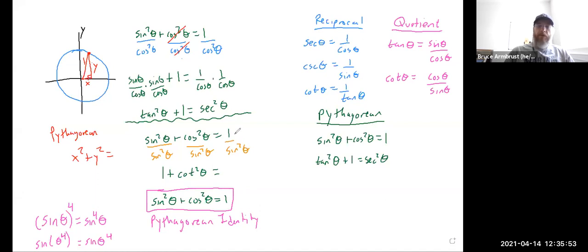And then if we go to the reciprocals, 1 over sine, over here, that's cosecant. So this is cosecant squared. So the other two Pythagorean identities, they are like the first one. They're just showing now relationships between other sets of functions.